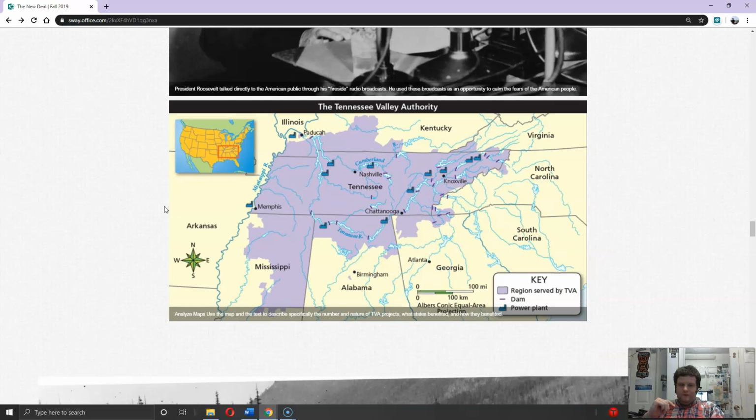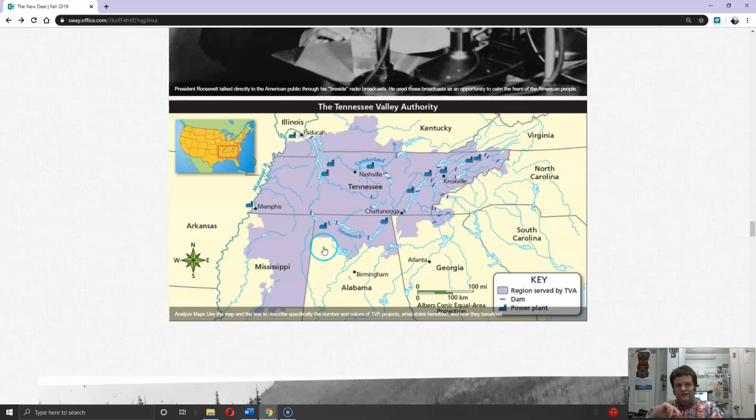Now, I couldn't figure out where to fit this better, and apparently neither could the textbook, but one of the examples of the programs that the New Deal has is something called the TVA, or the Tennessee Valley Authority. And it's one of those programs that covers relief and recovery, mostly recovery.